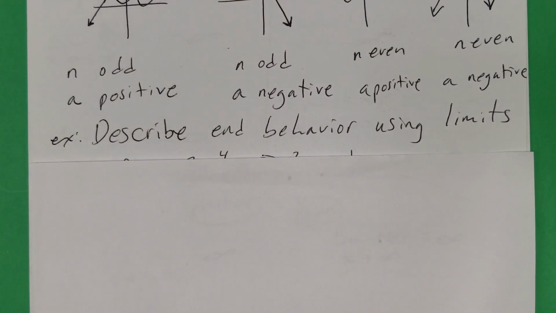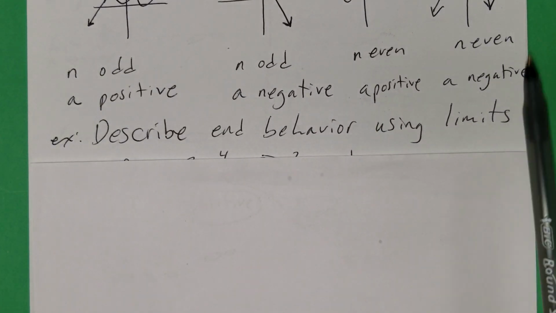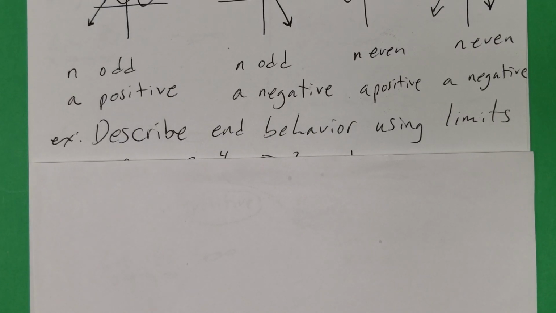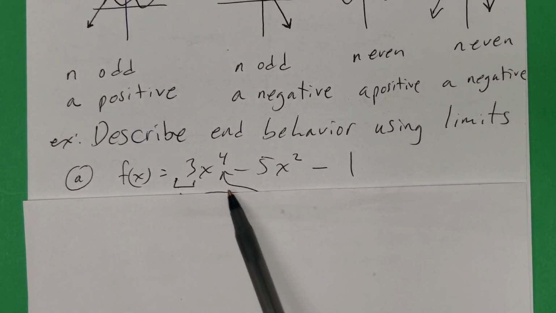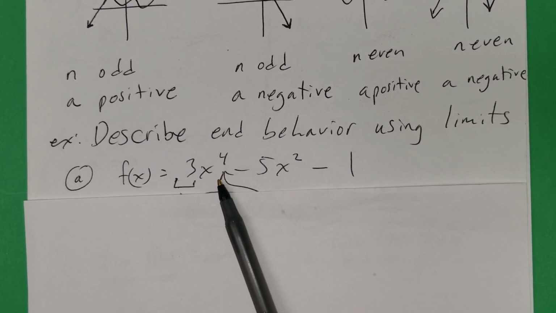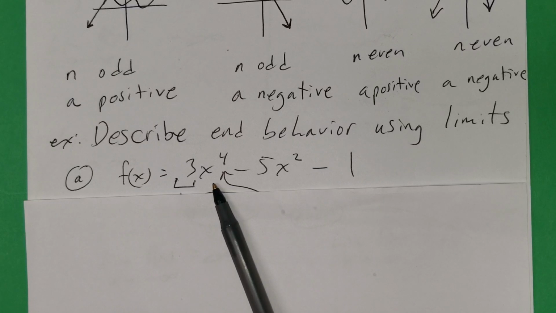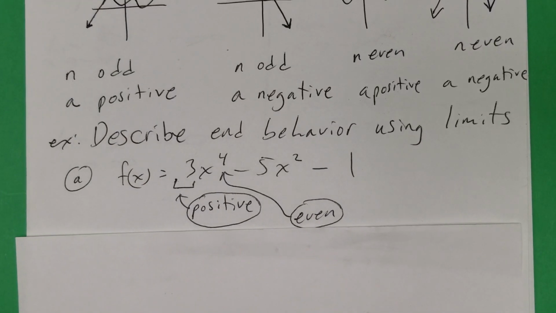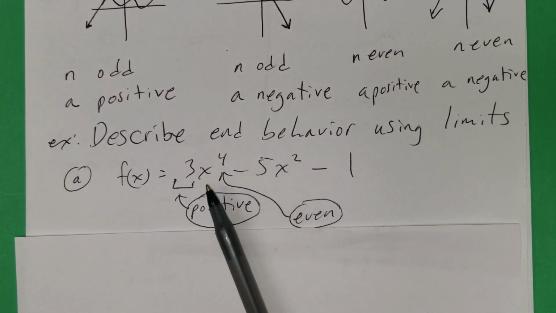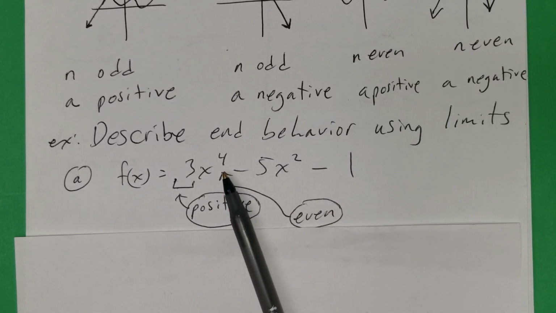Okay, you are asked to describe the end behavior using the limits. That's how we describe the end behavior, right? Of this function. Where's the graph? That's the point. We don't need the graph. We just need to check the leading term. Okay? So notice that my power is even.